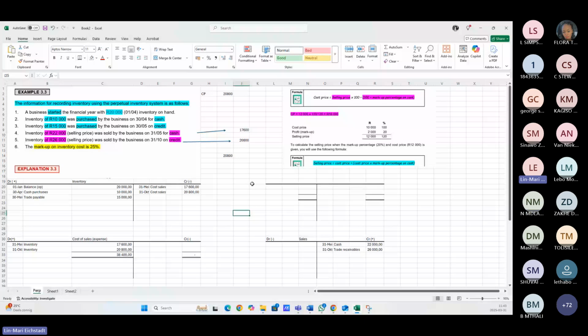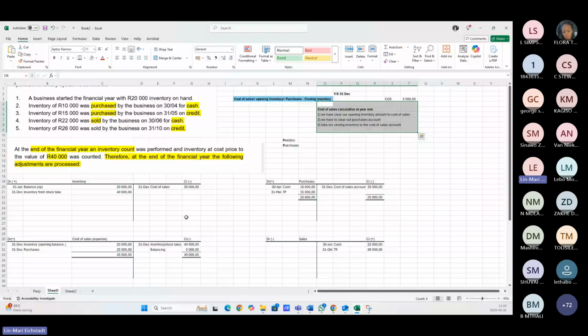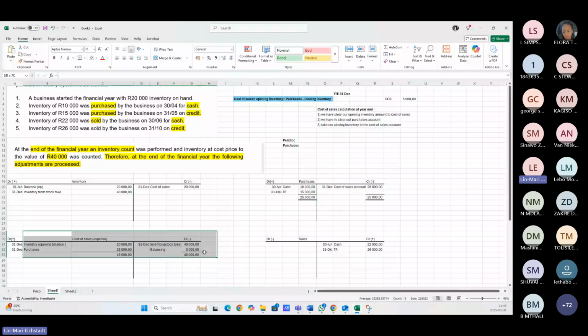But what's important for you to remember is that for the periodic inventory system, you are not adjusting your inventory account as you go along. You are adjusting your purchases account and you are taking everything to cost of sales. When you do your stock take, that's your final trigger to determine what your cost of sales is.